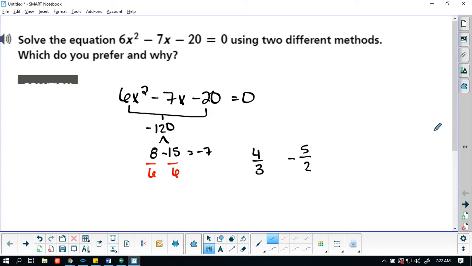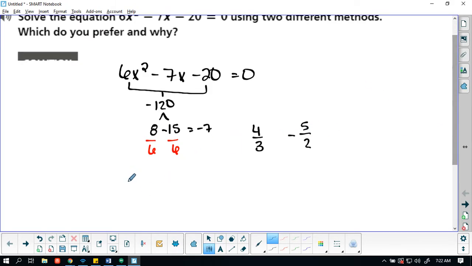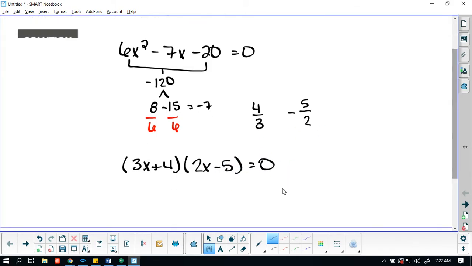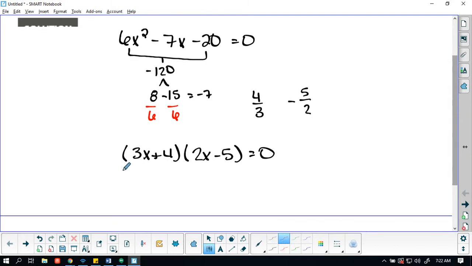All right, and putting those into factored form, we have 3x plus 4, because again, you take your denominator and put it in front of the x. Then 2x minus 5, denominator goes in front of the x, and the numerator goes as your constant in your factor. Then these will be equal to 0.